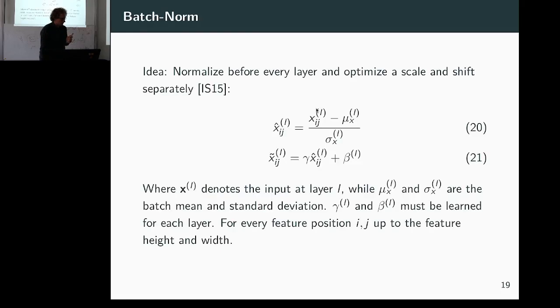Okay, and then finally, there's batch norm, which is the most recent version. The idea is to apply normalization not just to the inputs, but also in intermediate layers of the network.